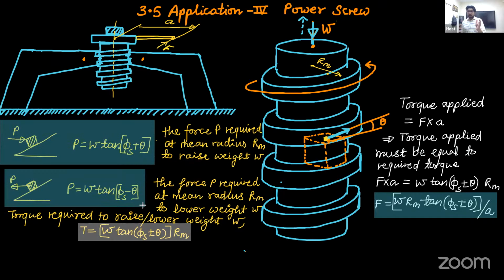As soon as we solved the block over inclined plane problem, that what is the horizontal force required to move a block up an inclined plane, and what is the horizontal force required to move a block down an inclined plane, the power screw topic was over at that time, because that formula and that formula became the formula of power screw. As simple as that.